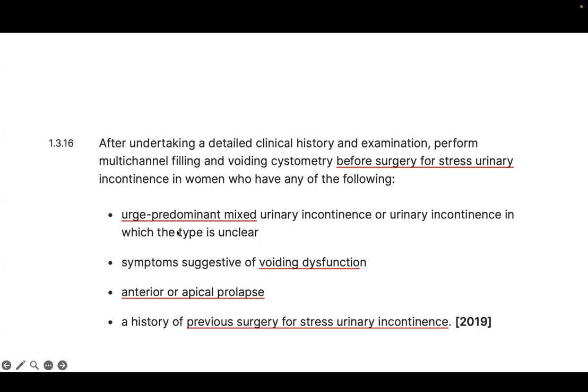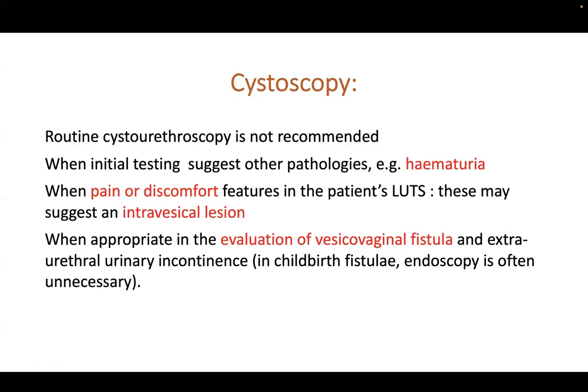Remember it very carefully. Mixed incontinence which is urge predominant is an indication. And if the patient has stress incontinence along with voiding dysfunction or anterior apical prolapse, or a previous history of stress incontinence surgery, these are the indications.